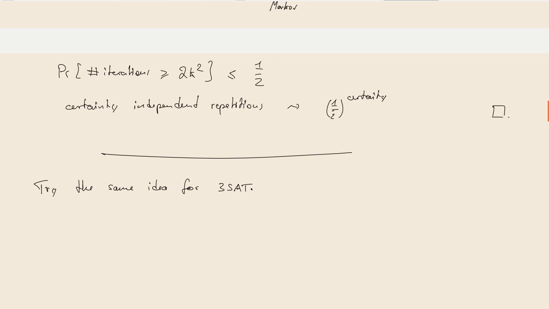Then you get a new assignment. And you always make a step in the Markov chain up or down. But the probabilities are a bit different, of course, because we now have 3 literals per clause.